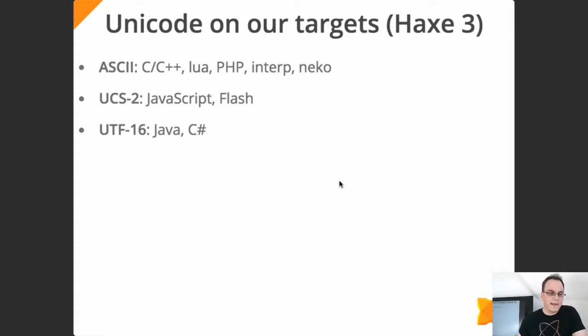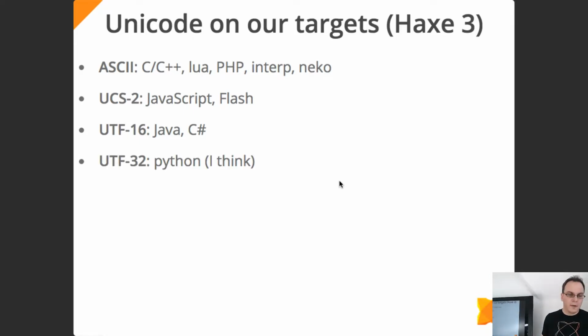We have UTF-16, which is Java and C#. And then we also have UTF-32, which is Python, I think. Heinz tells me it's UTF-32. If you look at Stack Overflow, people tell me it depends. It's basically a compilation setting, but it's in one of these categories. So it's covered, is what I'm getting at.